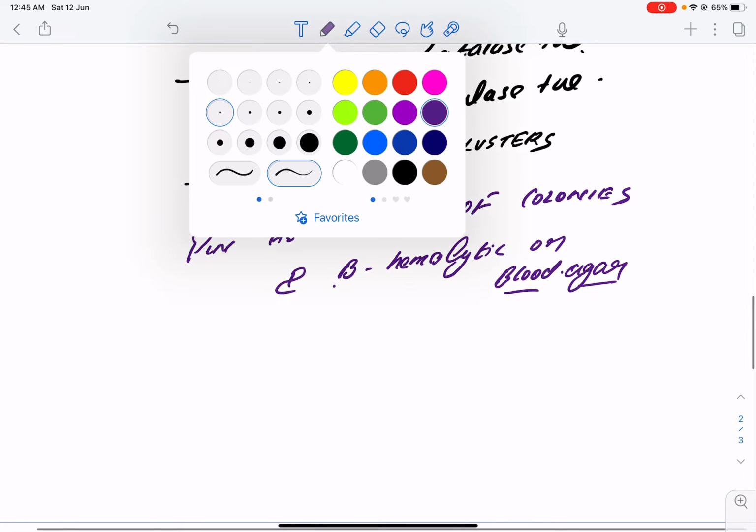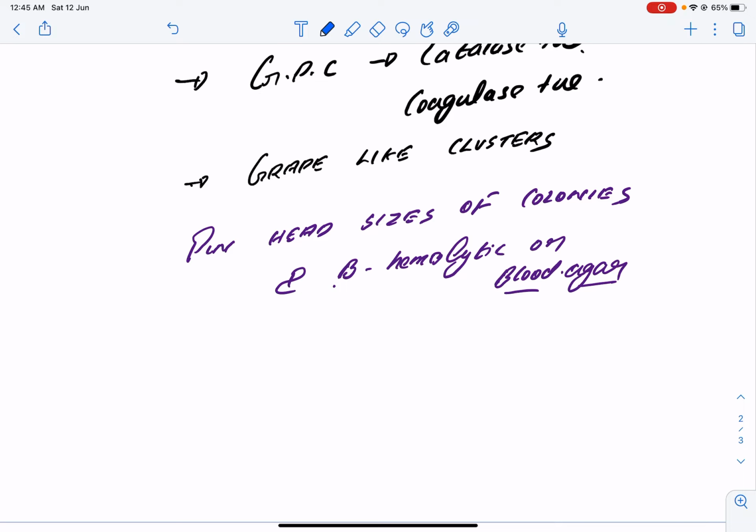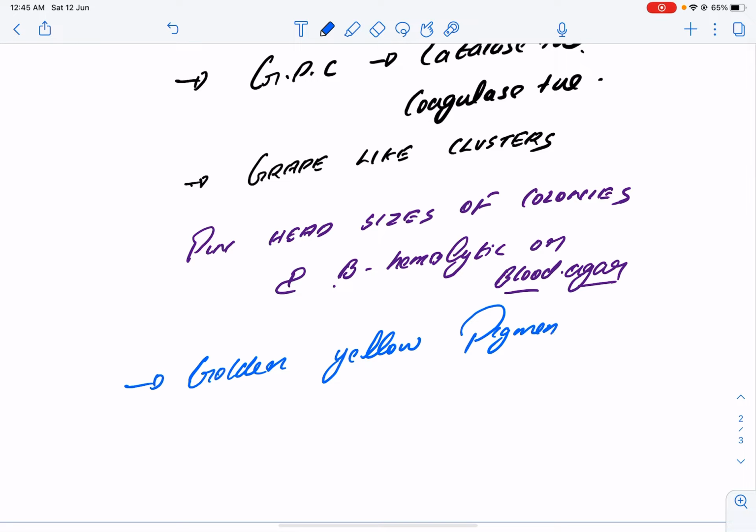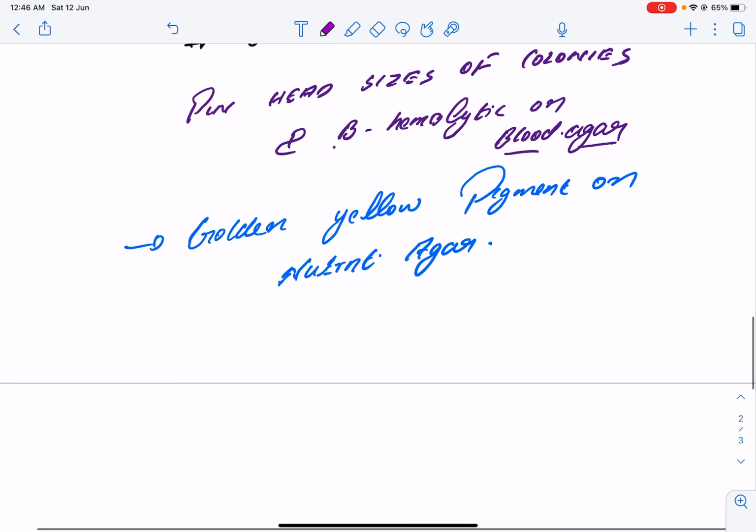As well as they will form golden yellow pigment on nutrient agar. Okay, so remember these things: grape-like clusters, pinhead size colonies, and golden yellow pigment on nutrient agar. Sometimes they can ask you what is the selective media. The selective media for what?